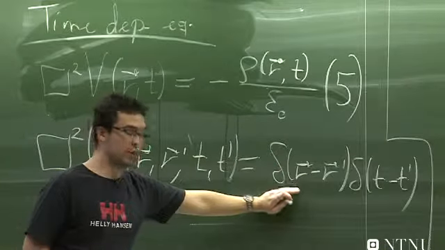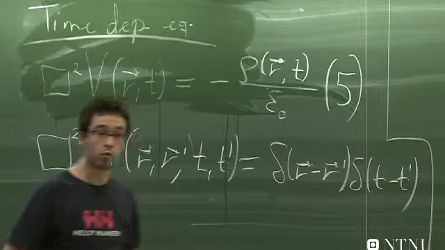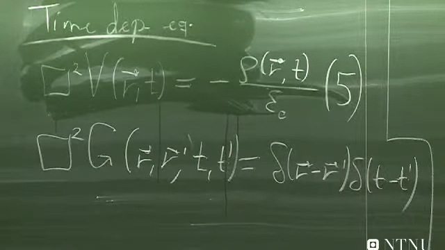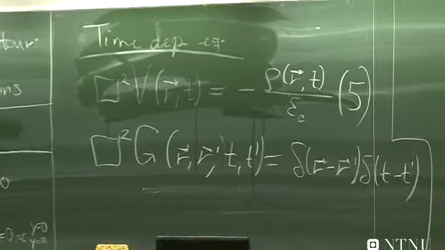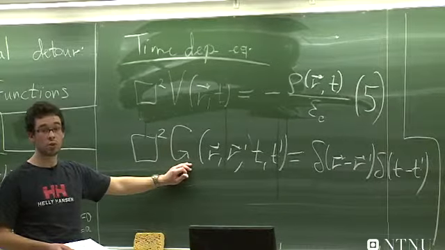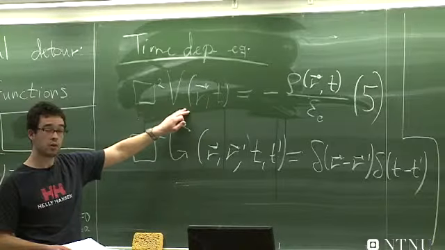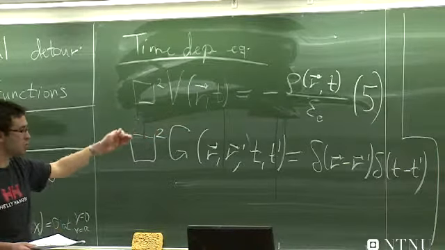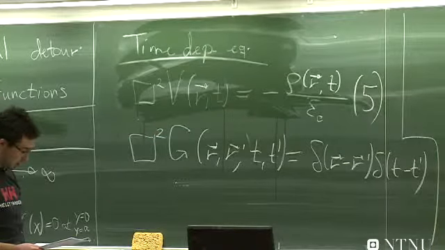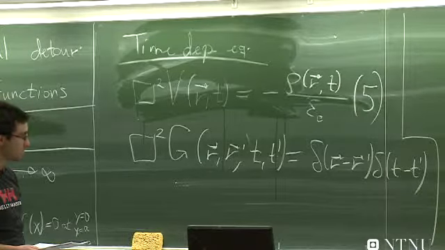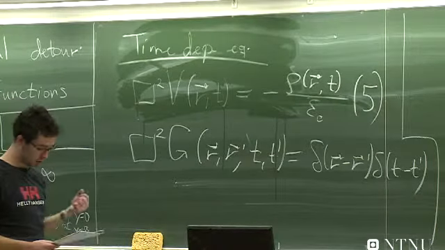So there's one delta for each spatial dimension and one delta for the time dimension. And if we find the Green's function, then we know the solution to this wave equation. We just integrate over the sources. Okay, and you can easily show this by insertion.